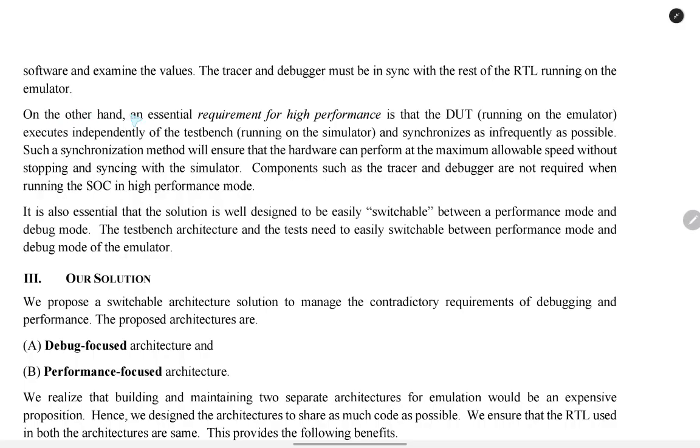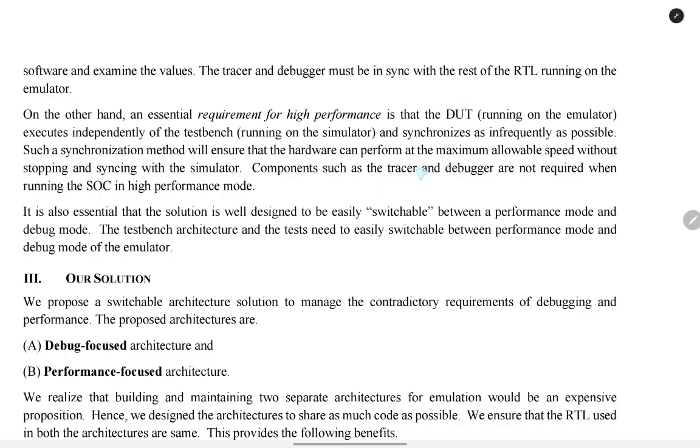On the other hand, an essential requirement for high performance is that the DUT running on the emulator executes independently of the test bench running on the simulator and synchronizes as infrequently as possible. Such a synchronization method will ensure that the hardware can run at the maximum allowable speed without stopping and syncing with the simulator.